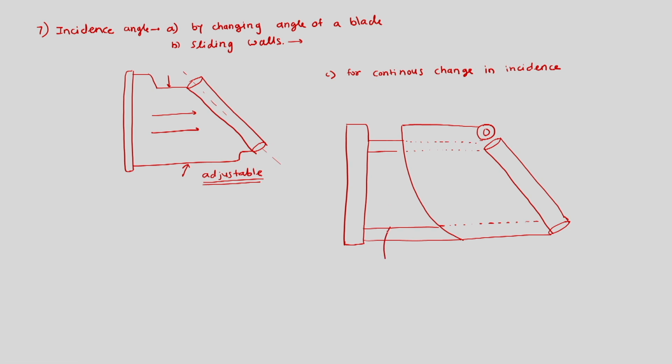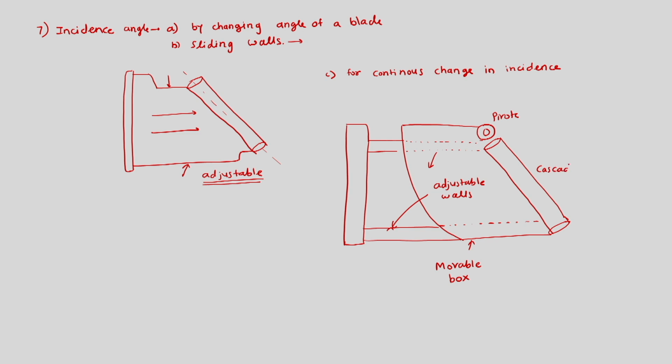So, this is an adjustable wall, and this is also an adjustable wall. These two are adjustable walls, and this is a movable box, and this is the pivot to which the cascade is connected.